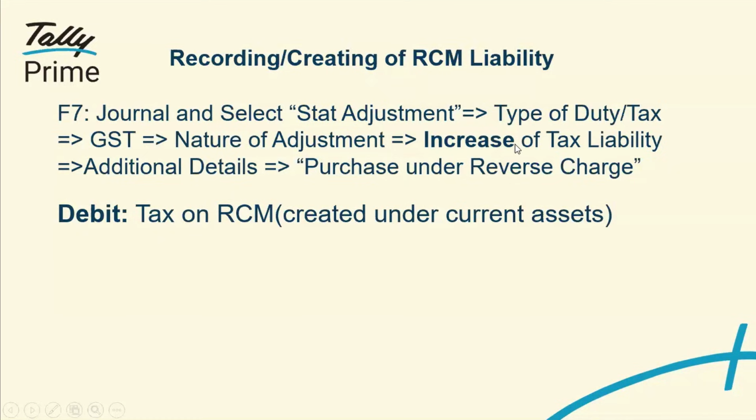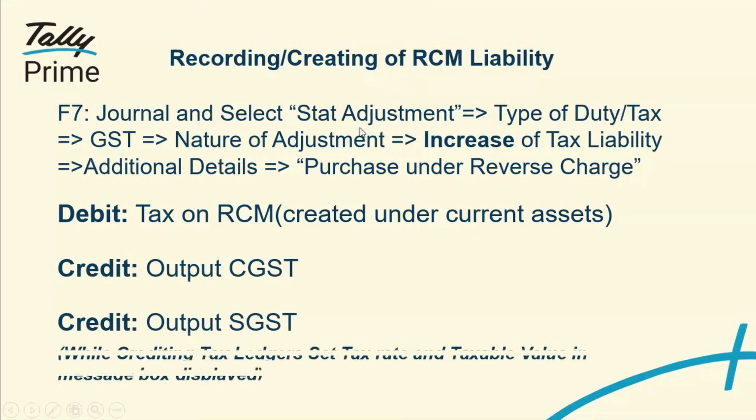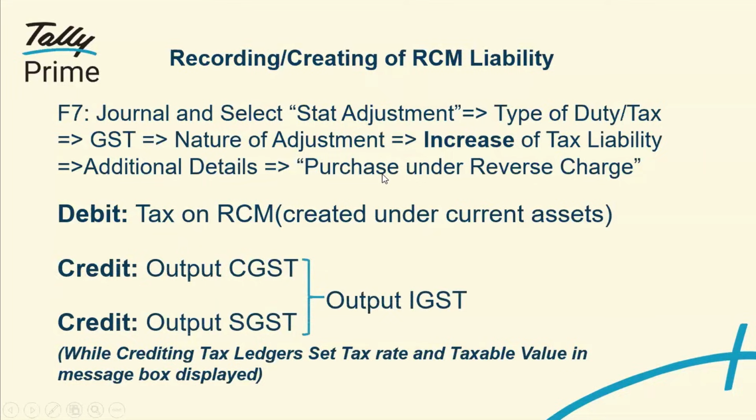So the increase in tax liability option is selected, and the sub option, additional details, we select as purchase under reverse charge. Then tax on RCM separate ledger we can create under current assets, and credit the output tax: if it is intrastate CGST, SGST, if it is interstate IGST. Like this, we have to make the first entry.